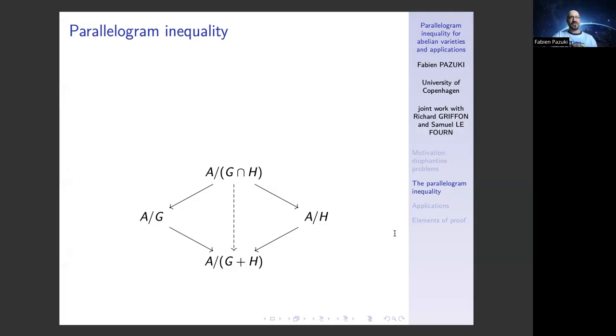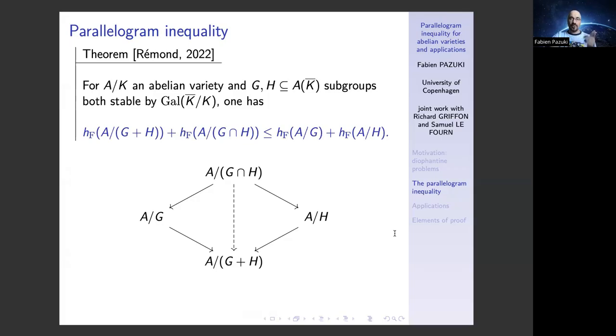So what's the inequality? It's a theorem of Rémond. So this is a tribute to the work of Gaël that I admire quite a bit. Take an abelian variety A and then take two finite subgroup schemes, G and H, inside A of K bar. They are rational in the sense that they are stable by the Galois group.